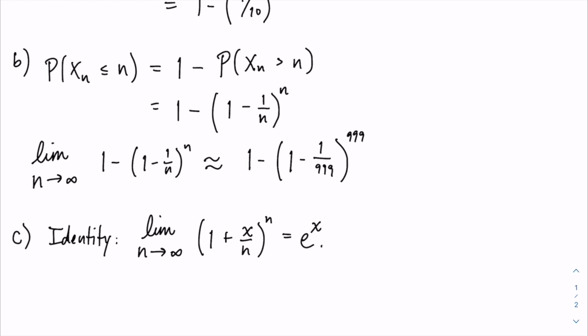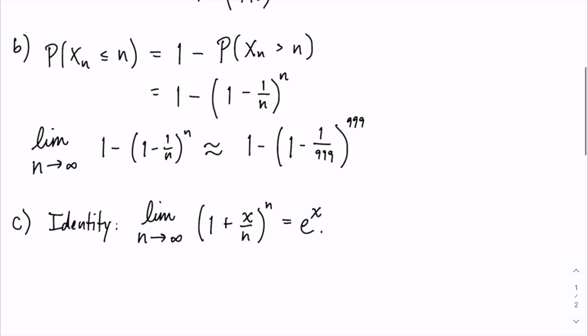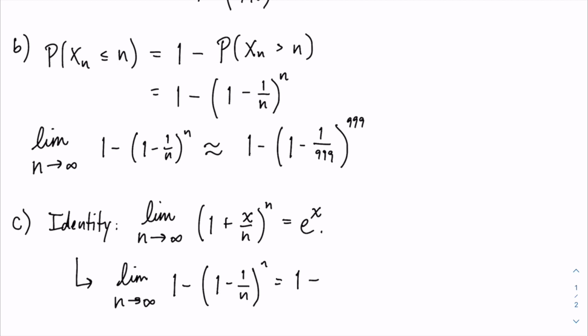And what you can see here is that if we set x to be minus 1, then the limit as n goes to infinity of 1 minus 1 over n to the n is going to be equal to 1 minus e to the minus 1.